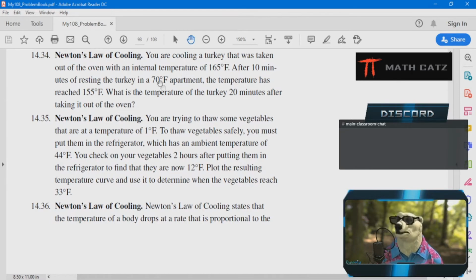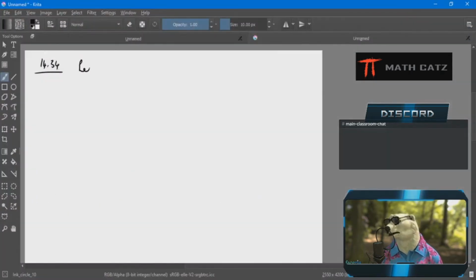All right, so we have our surrounding, our ambient temperature of 70 degrees, and our initial temperature is 165. Time seems to be in minutes. So let's say here, Y represents the temperature of the turkey at time t, and that would be in minutes.